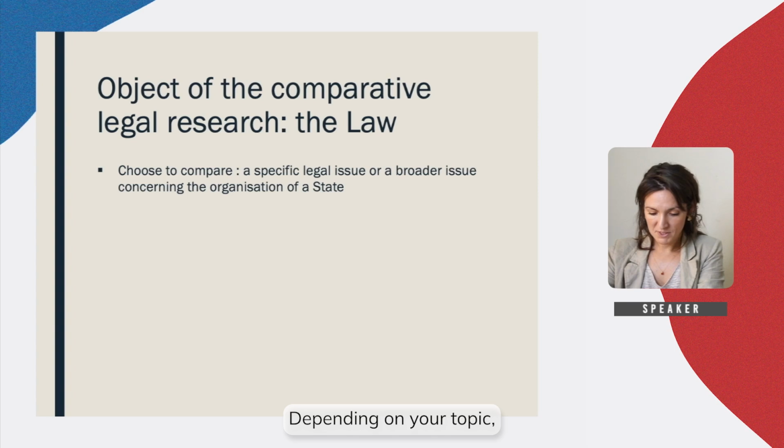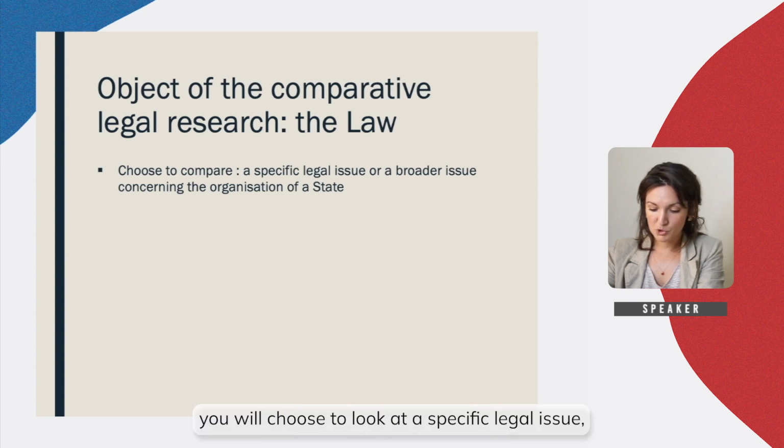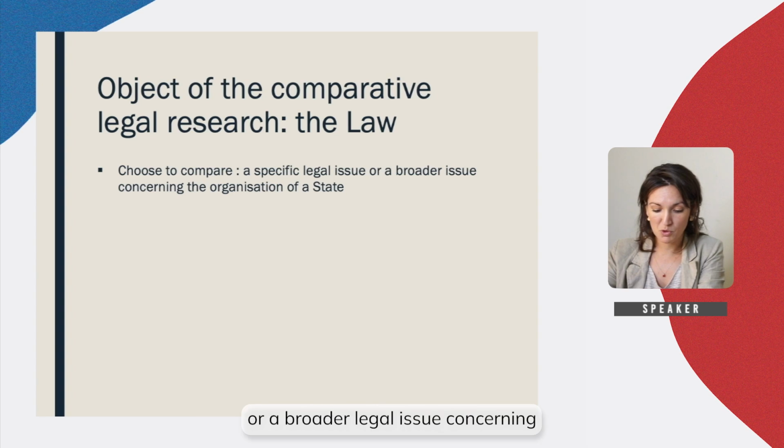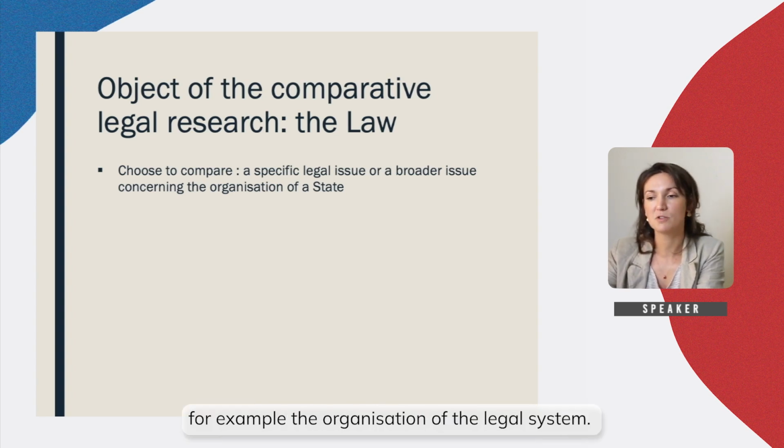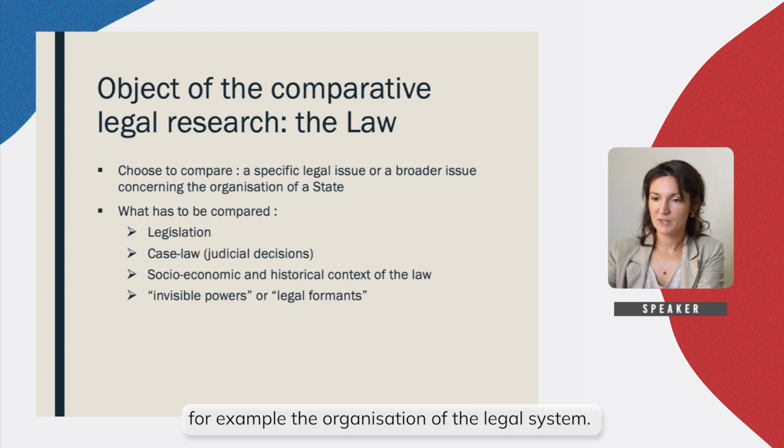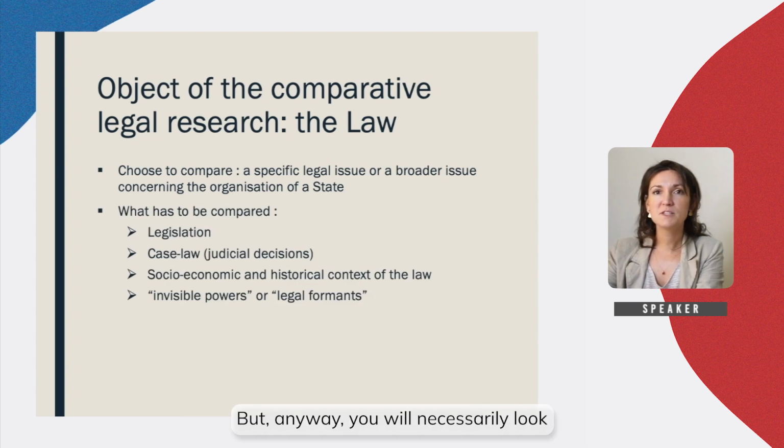Depending on your topic, you will choose to look at a specific legal issue or a broader legal issue concerning, for example, the organization of a legal system. But anyway, you will necessarily look at primary and secondary sources.